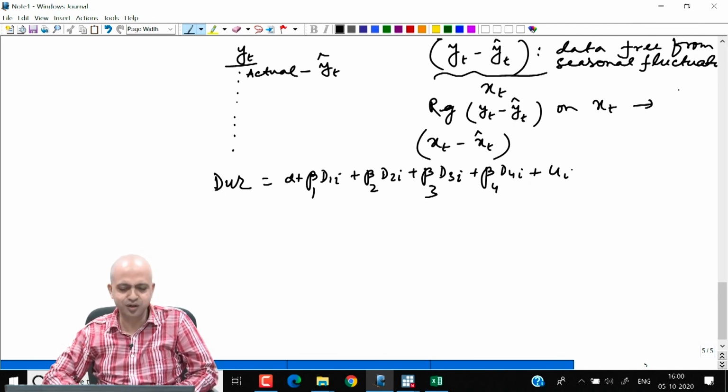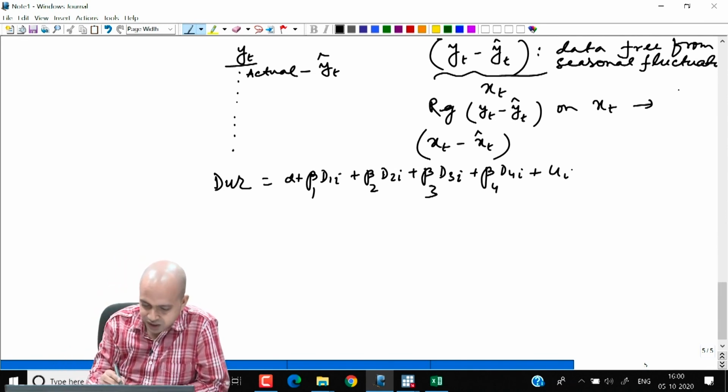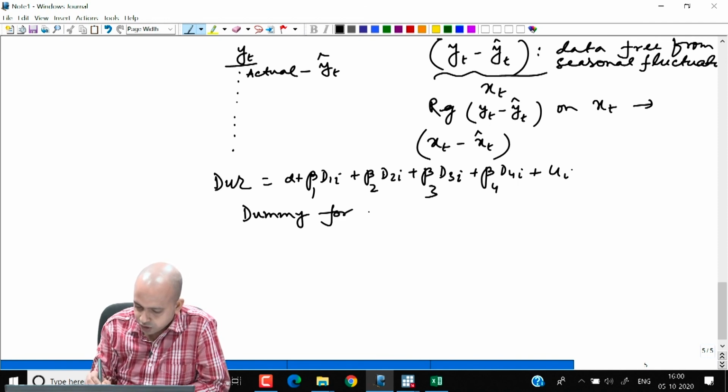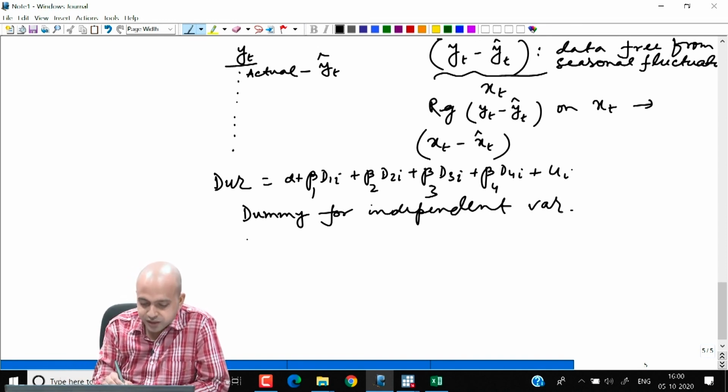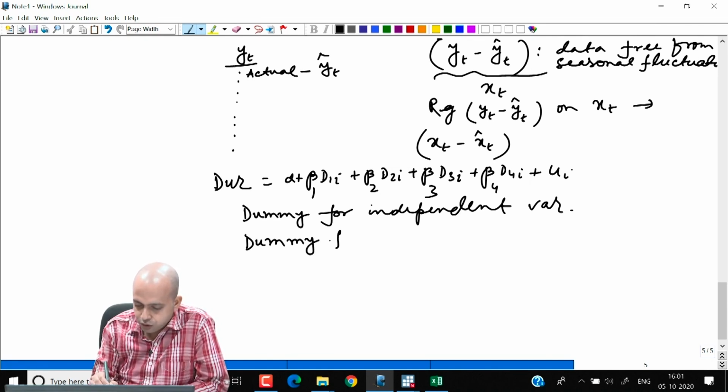But it may so happen that your dependent variable also is qualitative in nature. So far we have discussed only dummies for the independent variable, but we have not discussed dummies for the dependent variable.